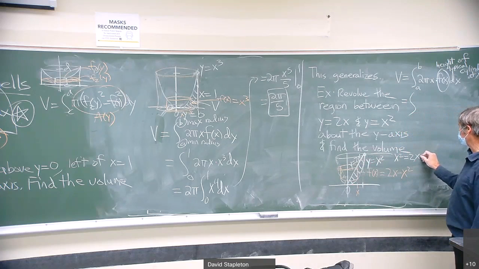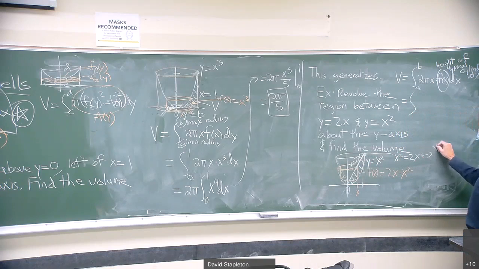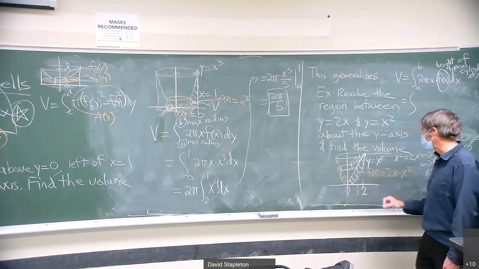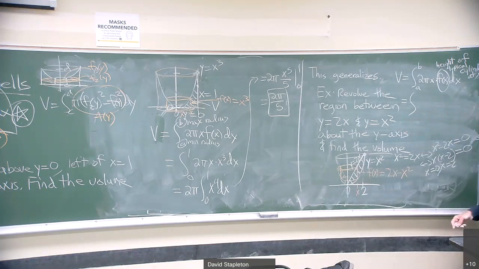Well, you can solve this one by factoring, x squared minus 2x equals 0. That's equivalently x times x minus 2 equals 0. Oh, we've intersected at x equals 0 and x equals 2. So you solve these kind of simple equations by factoring. And so this goes from 0 to 2. That's where the two intersection points are.